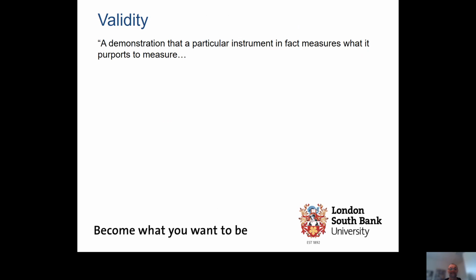Validity. Okay, so when we're talking about validity, we're talking about the idea that a particular instrument, and when I'm saying an instrument, I'm talking about your research tool, for example, a questionnaire, a survey, an interview, is a demonstration that a particular instrument in fact measures what it purports to measure.